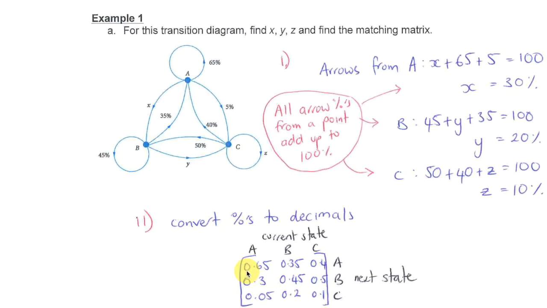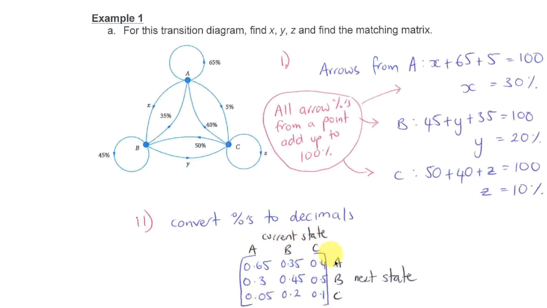So if we take the point of A, then we've got going from A to B. So from A to B was that unknown X, which we've already solved as being 30%. So we put in 0.3. We've also got from A to C, and that is 5%. So we put in 0.05 because that's what 5% is equal to as a decimal. And we work our way through the matrix.